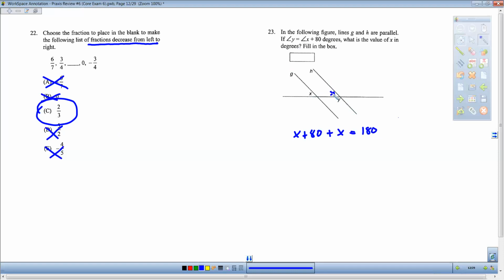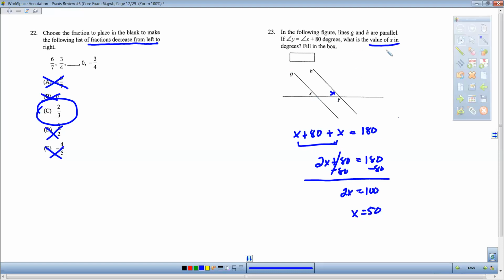How do I know I can put X here? Because these are corresponding angles. So this would give you 2X plus 80 is equal to 180. If I subtract 80, I have 2X is equal to 100. So X is equal to 50. And it says, what is the value of X in degrees? And it would be 50 degrees.